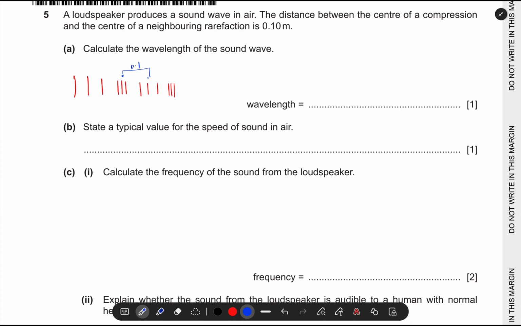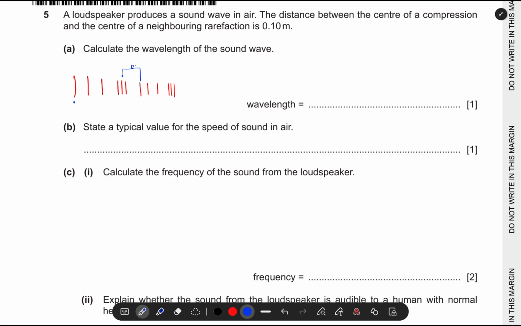Now, what is a wavelength? A wavelength is the distance covered by a wave for one complete oscillation or one complete cycle. For example, if I start from this center, I need to end at the next center, like that.